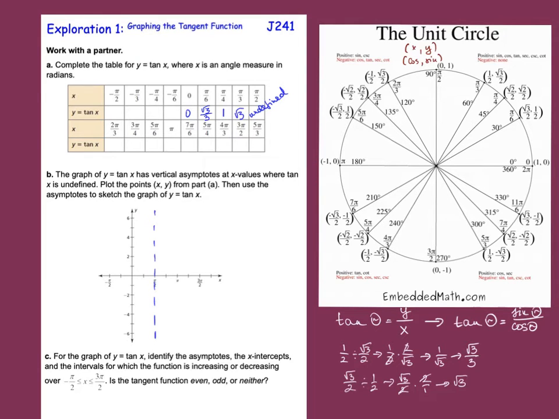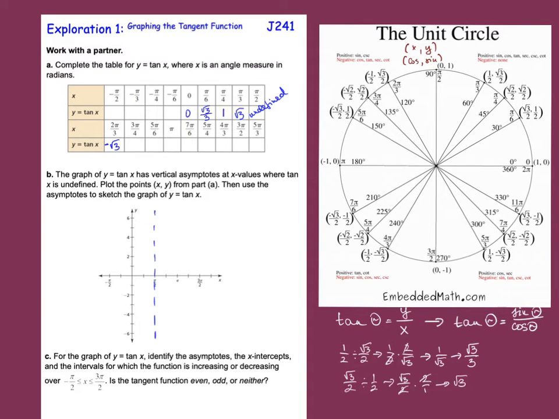So then I move on to 2 pi over 3. So 2 pi over 3 is over here. So it's root 3 over 2 divided by negative 1/2. So that is going to give us negative root 3. Then we move to 3 pi over 4, which is right here.